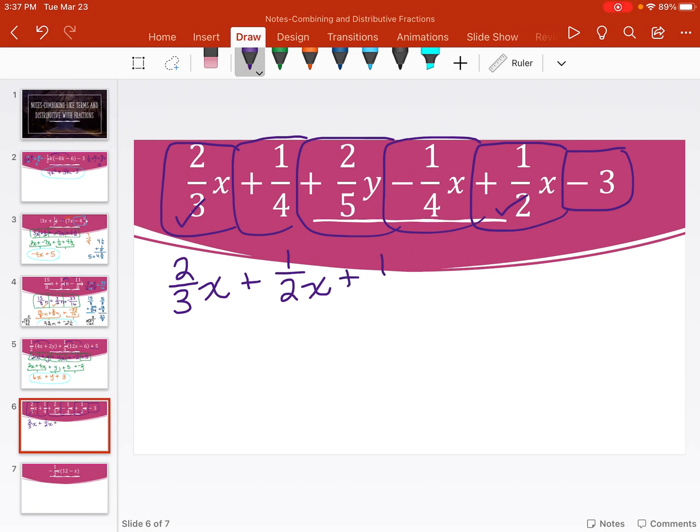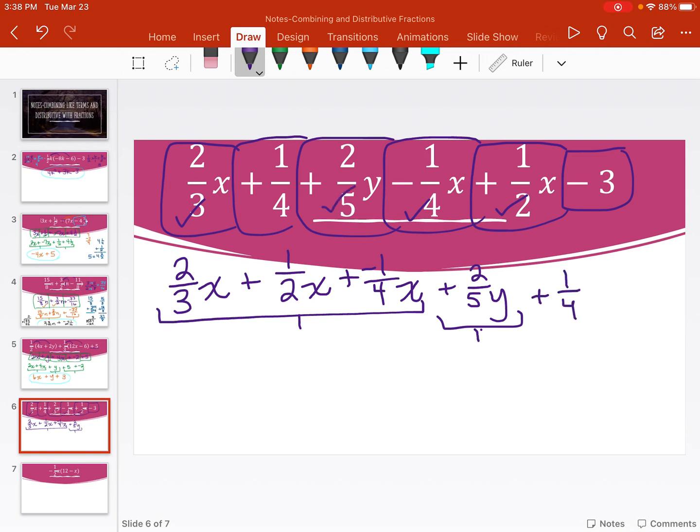So that's why I rearranged that to now put the negative 1/4 x. I keep my negatives further to the right, just because it makes it a little easier. So there's my x family. Then I do have a y family, so 2/5 y by themselves. And then some constants, I have plus 1/4 plus negative 3, my constants family.